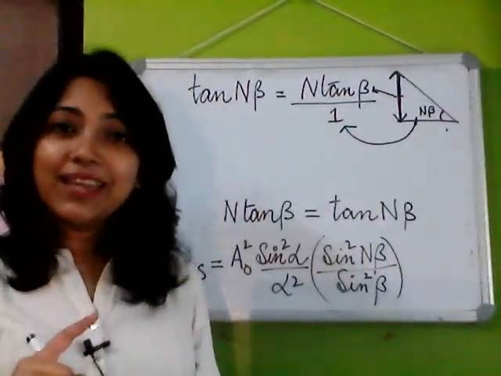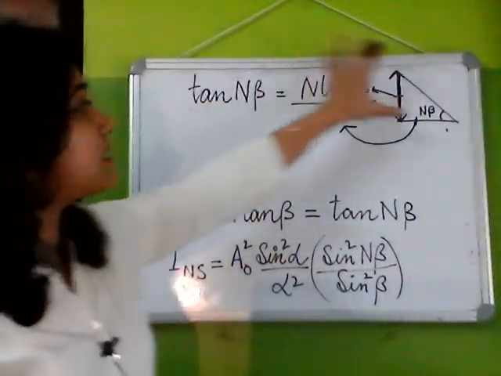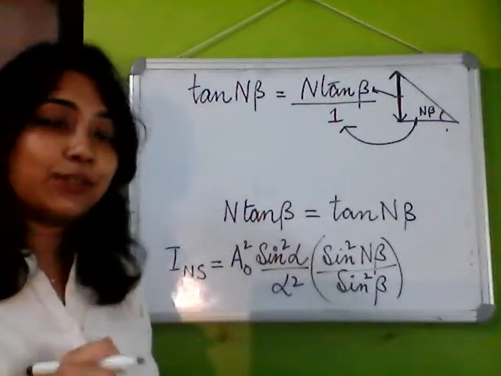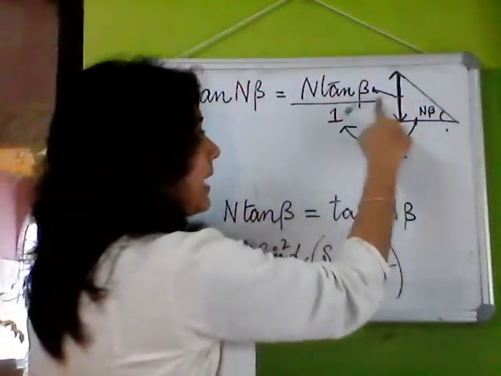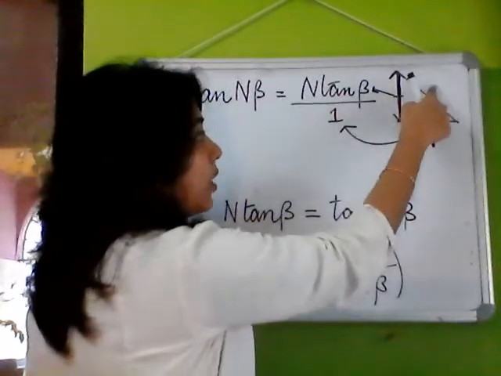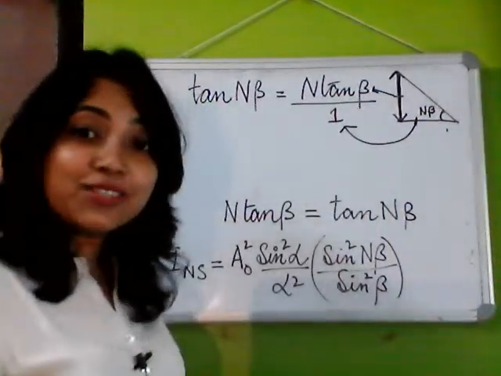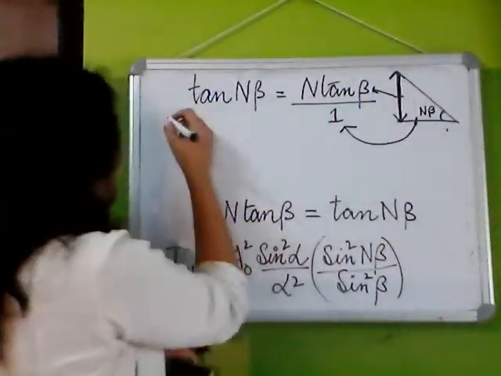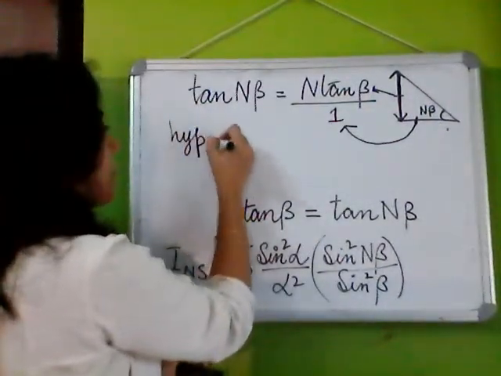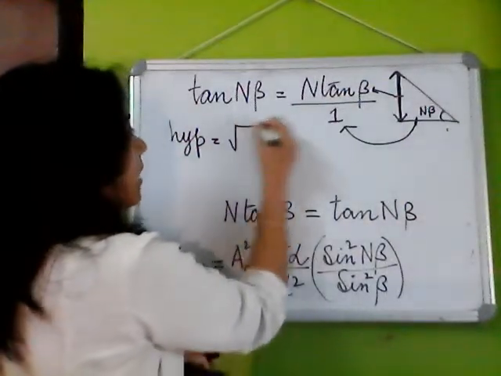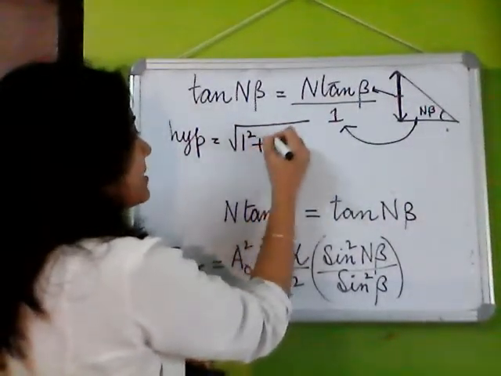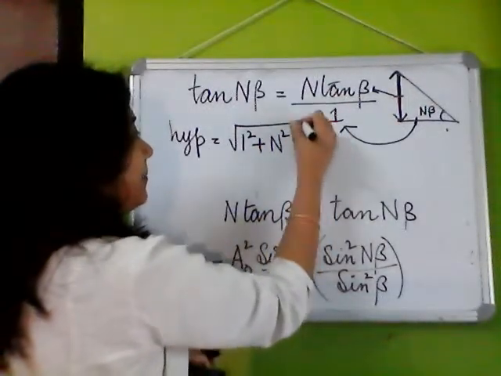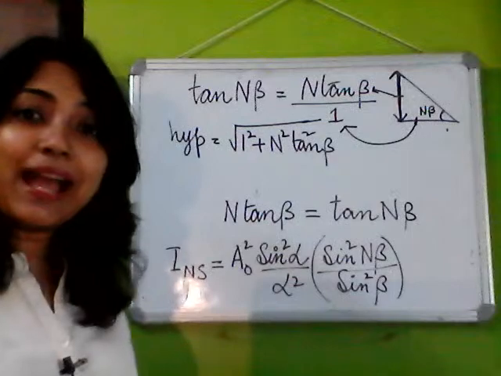Are you following me? So, by using this pictorial representation, if my base is 1 and my opposite is n tan beta, what will be the value of the hypotenuse? You all will agree with me, the hypotenuse will be under root 1 square plus n square tan square beta. Correct? This will be my hypotenuse.